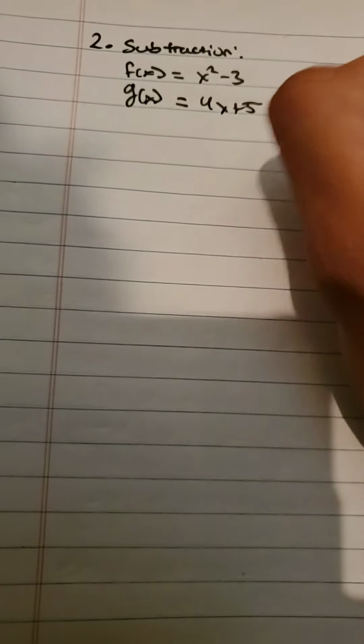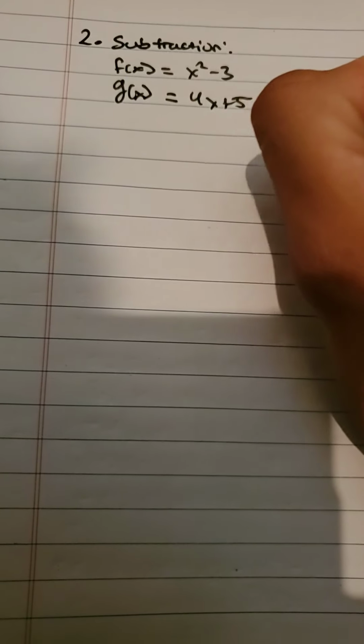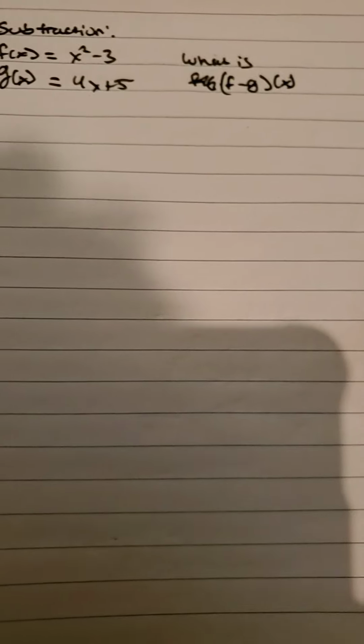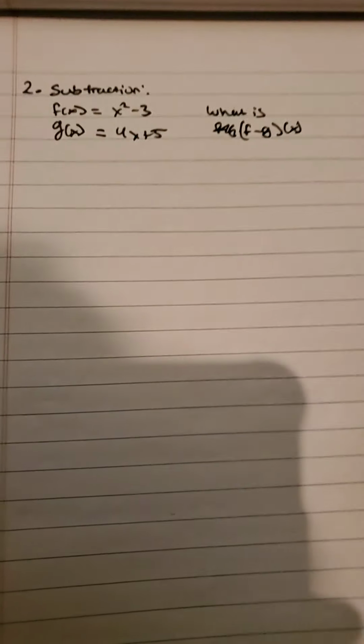So let f of x equal x squared minus 3, and let g of x equal 4x plus 5. What is f minus g of x? Okay, sorry about that, guys.